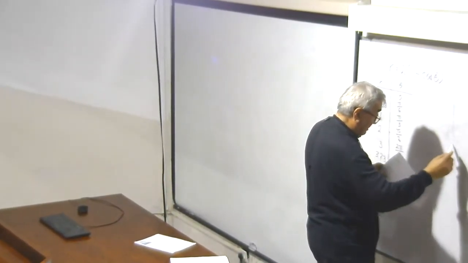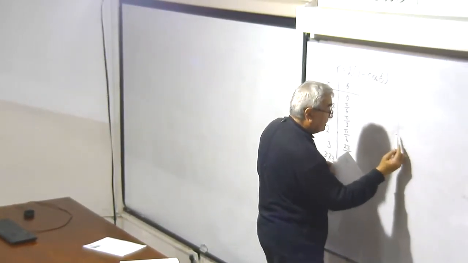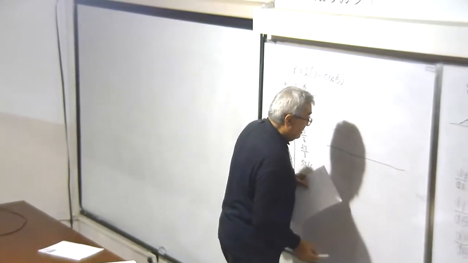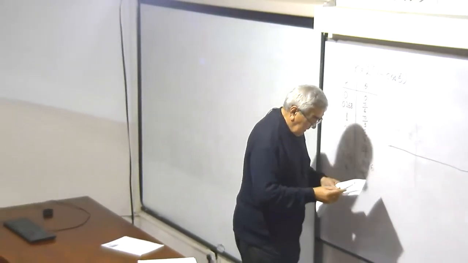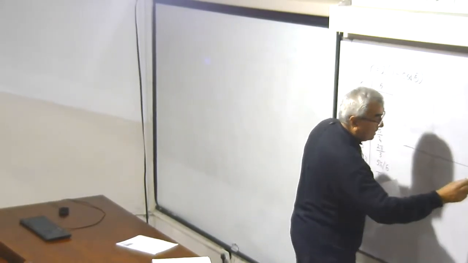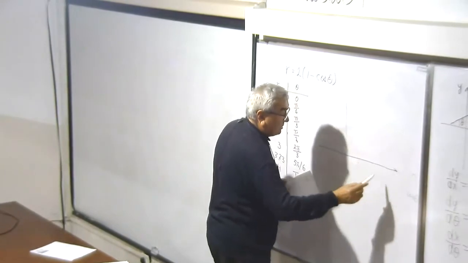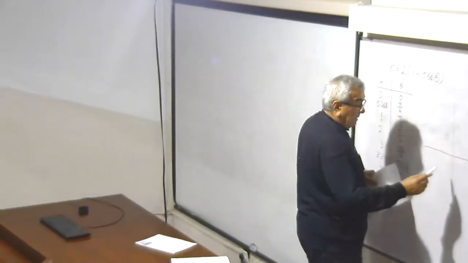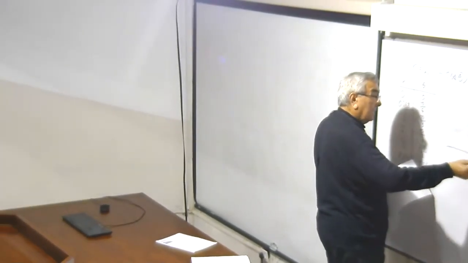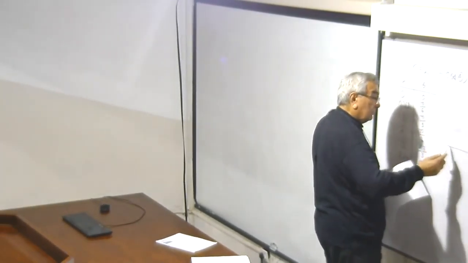Now, I would like to plot this graph. When the angle, that means this is the 0 ray direction, the angle I will take in this direction, from 0 up to 2 pi.